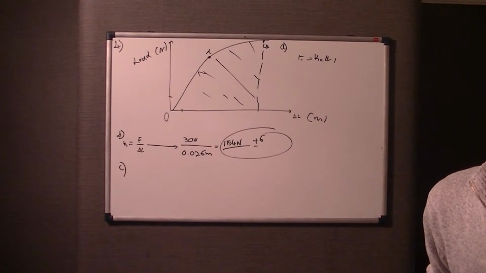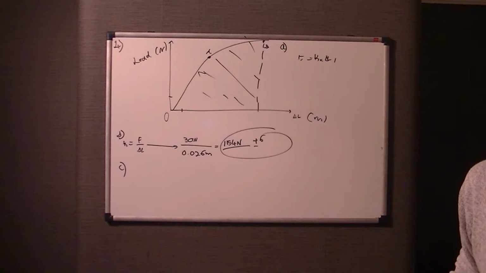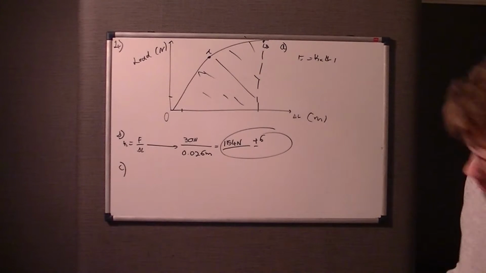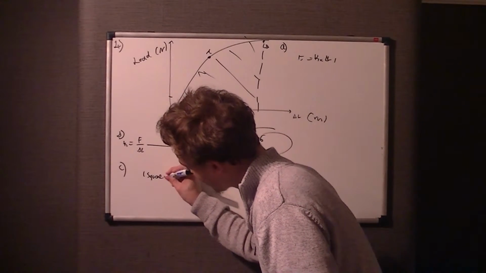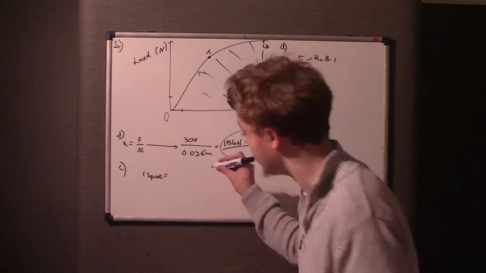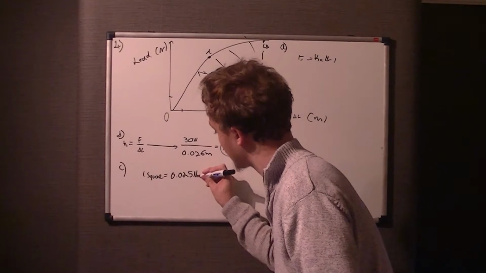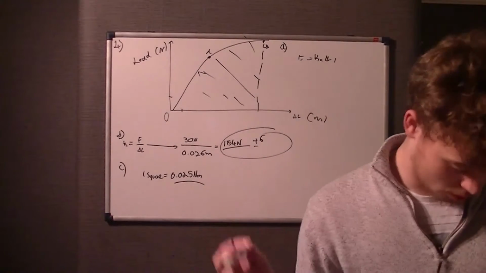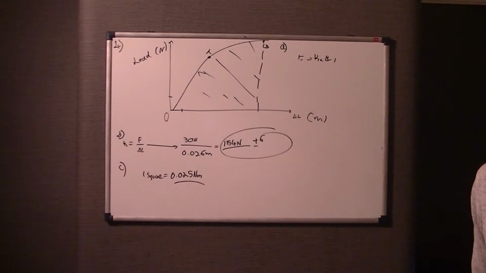I worked out 5 newtons times 0.005 metres, which gets you 1 square equal to 0.025 newton metres. Then you work out how many squares there are: 35 whole squares and 16 half squares.